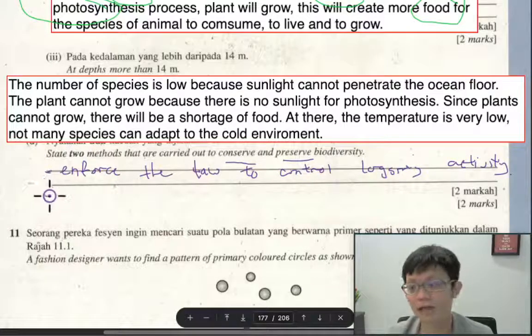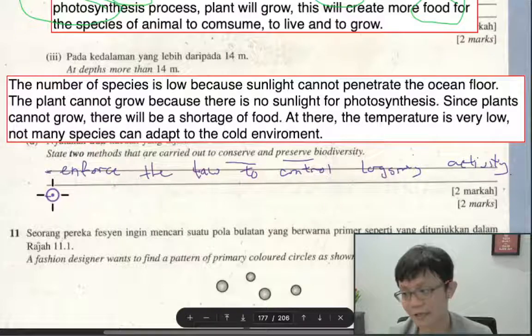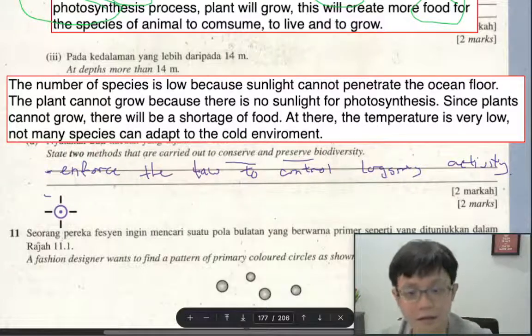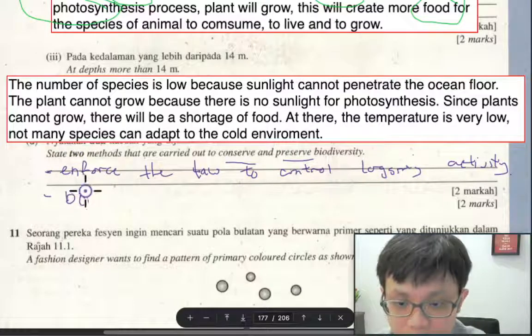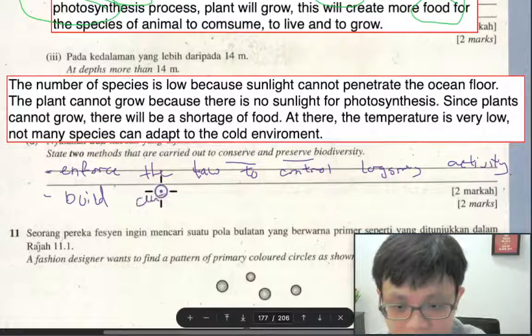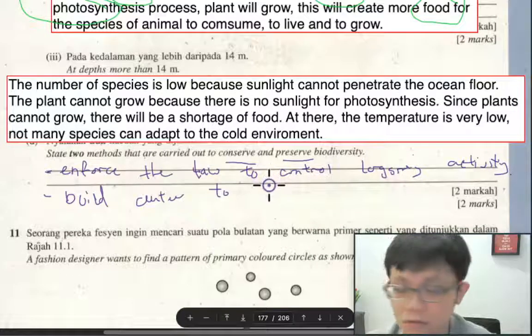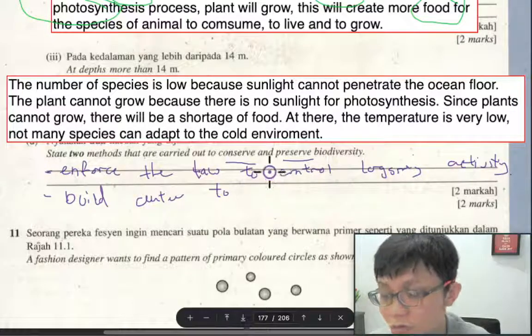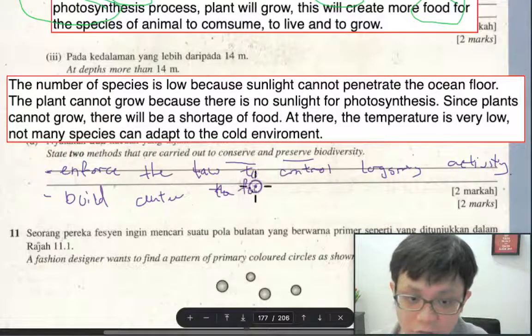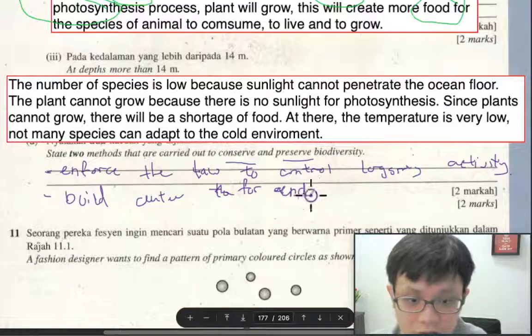One of the ways, maybe we can say build centers to protect endangered species. Okay, build centers for endangered species.